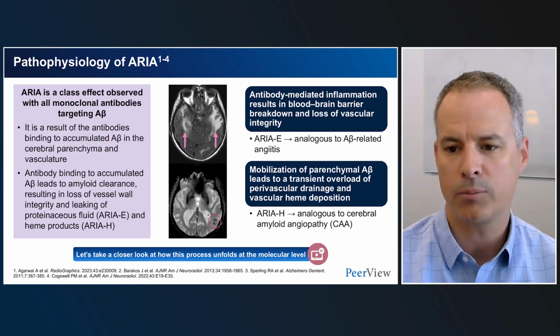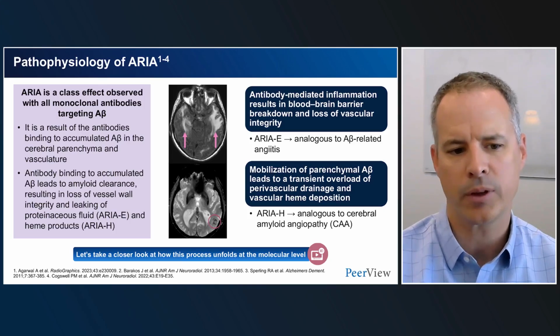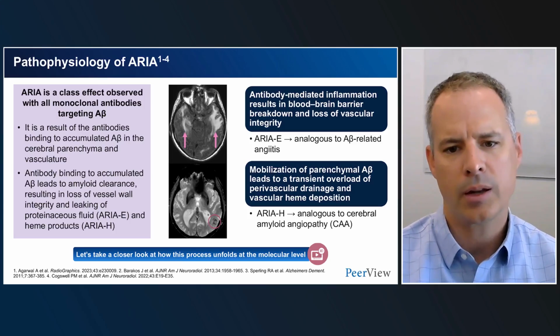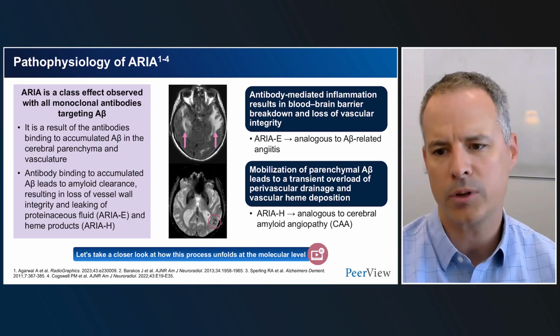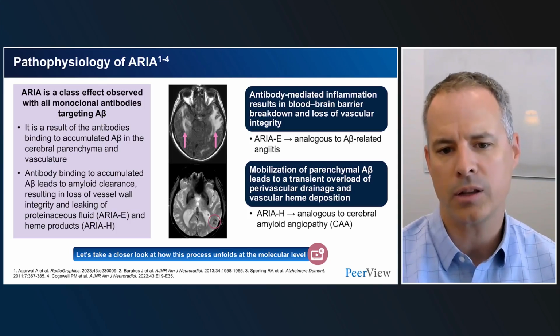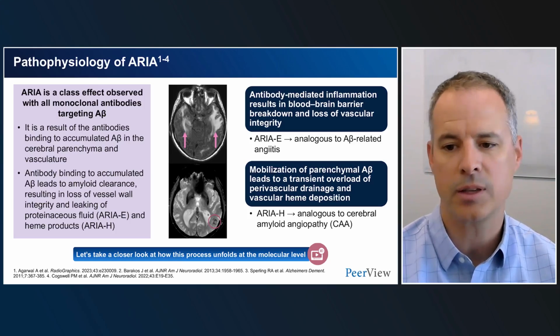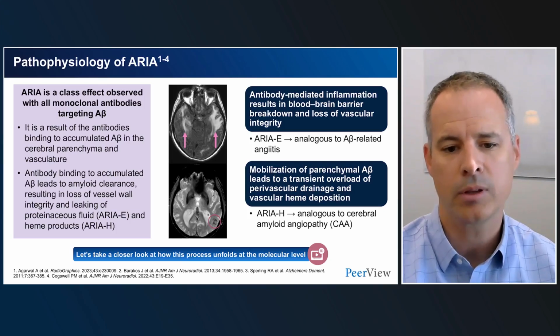It can also cause microhemorrhages and heme products to accumulate around the blood vessel, which is ARIA-H or ARIA-hemorrhage. So the antibody-mediated inflammation and blood barrier breakdown, which causes edema, is ARIA-E. It's analogous to amyloid beta-related angiitis, which you can see in patients spontaneously who have cerebral amyloid angiopathy.